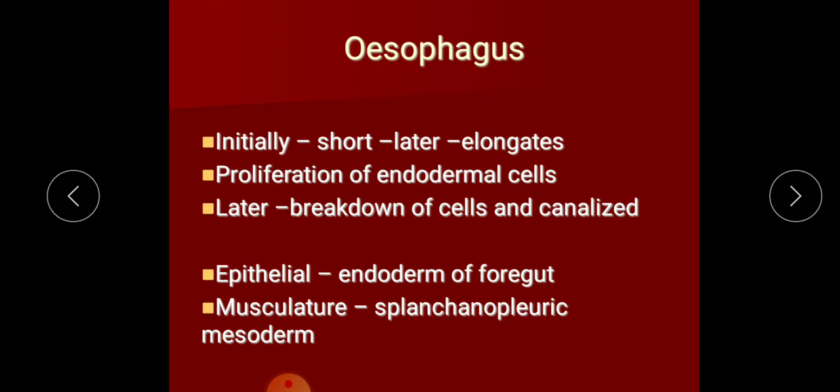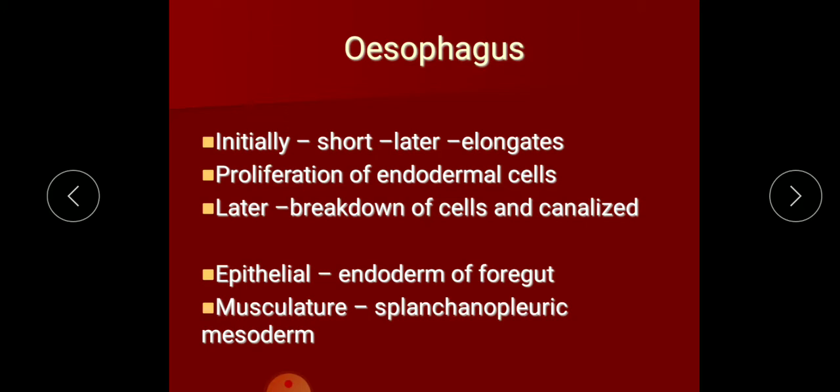Initially the lumen of the esophagus is obliterated. That is because of increased proliferation of endodermal cells there. A large number of endodermal cells proliferate so as to obliterate the lumen. Later these endodermal cells undergo breakdown to form recanalization, and you get a lumen.